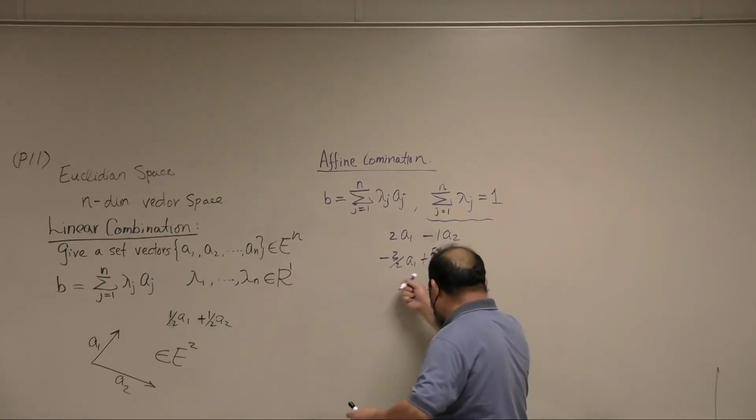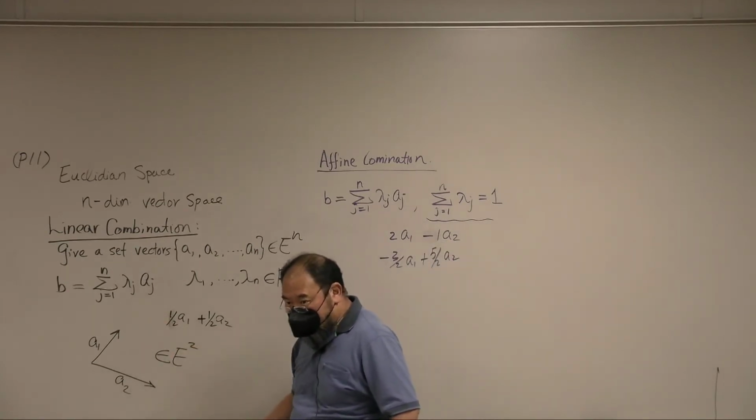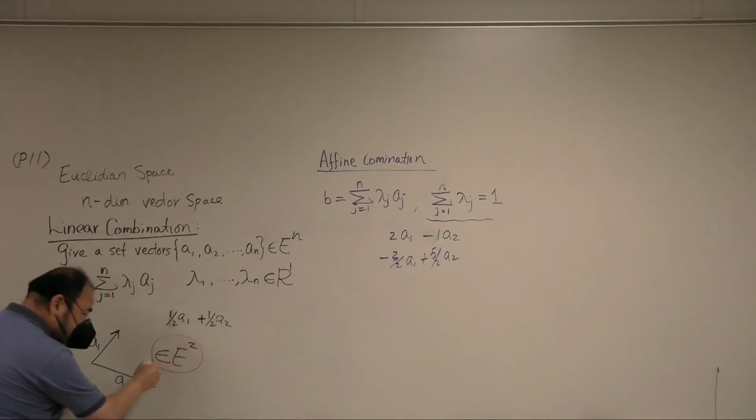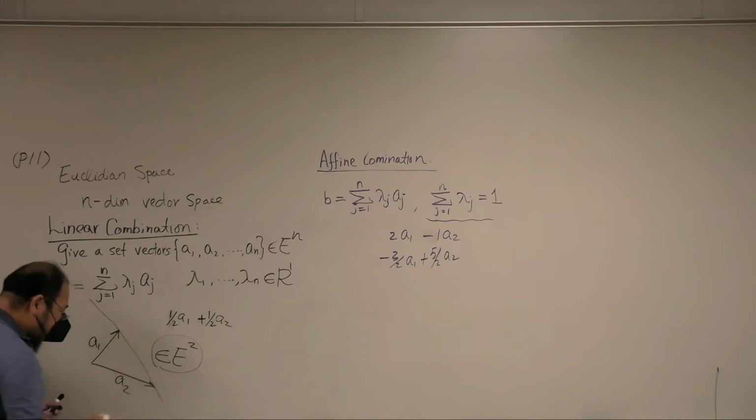So if this type of situation happens, geometrically what is it? It's no longer the whole plane. Smaller than this, correct? But it is what? A line passing through these. Make sense? And that's what we call an affine combination.